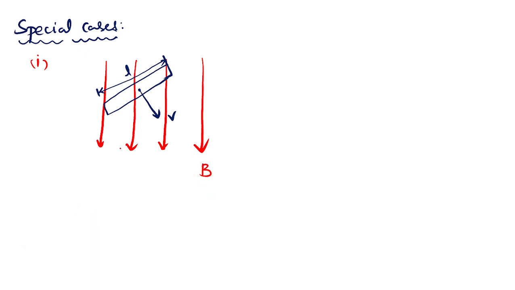And the conductor you are moving at some angle, right? So can I divide them? I am dividing the velocity like this. This is theta, so this will be v cos theta and this will be v sin theta. These will also generate an induced EMF.